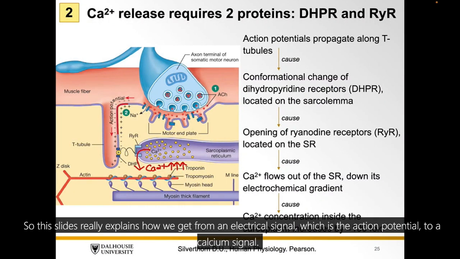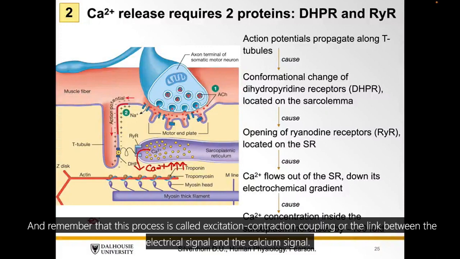So this slide really explains how we get from an electrical signal, which is your action potential, to a calcium signal. And remember that this process is called excitation, contraction, coupling, or the link between the electrical signal and the calcium signal.